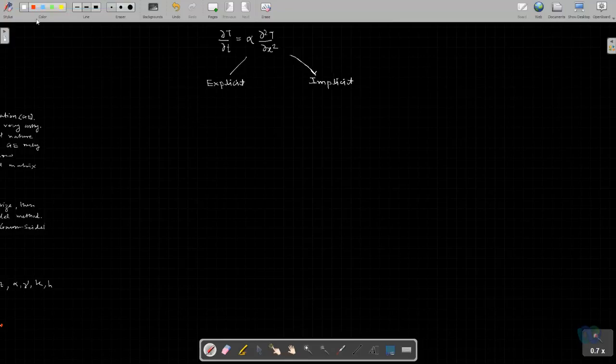The explicit method we discussed is called forward in time and central in space.